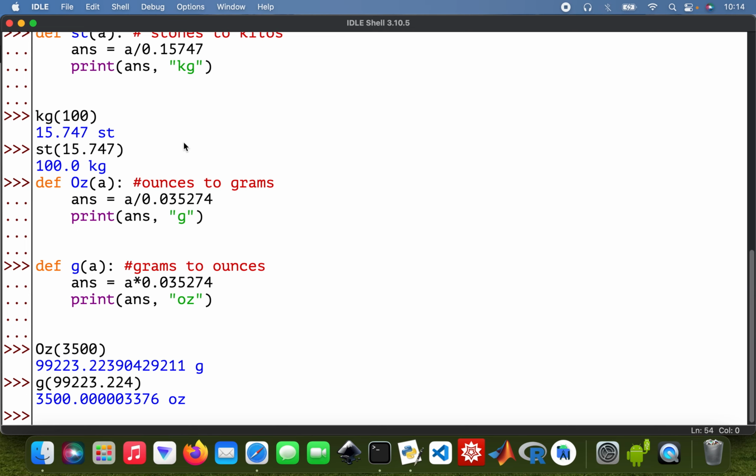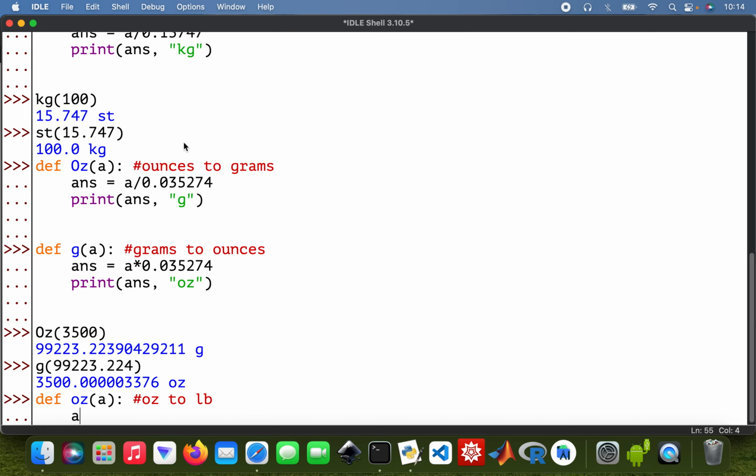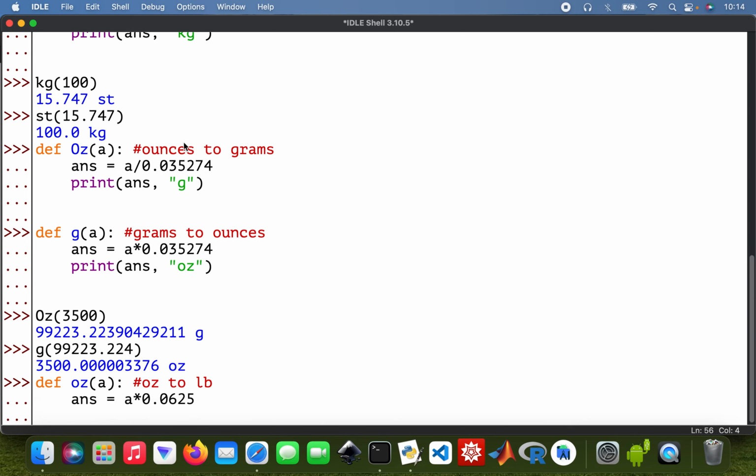And then I'll do ounces to pounds. So ounces to pounds. Then my answer equals A times 0.0625. So print answer.